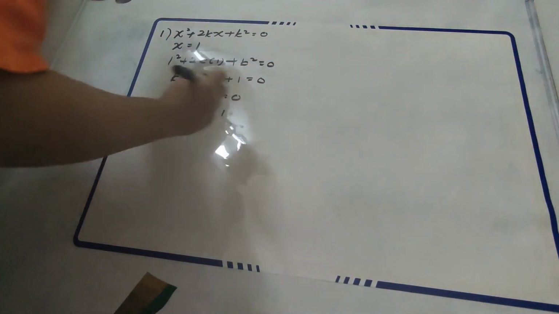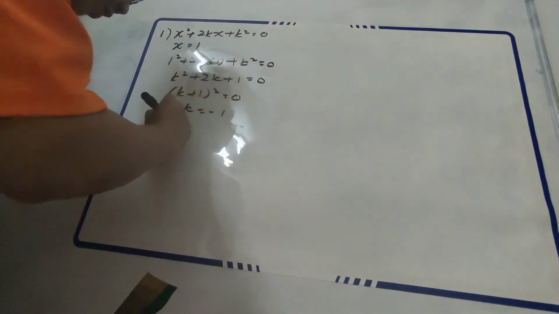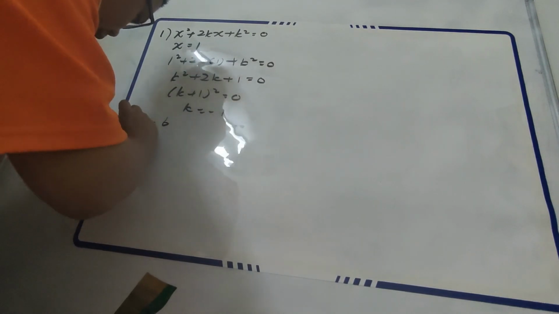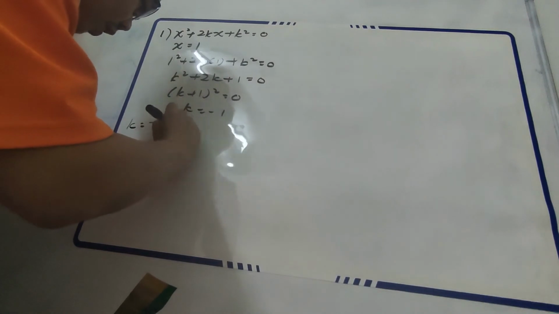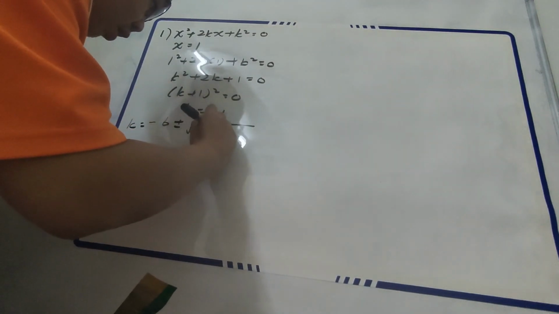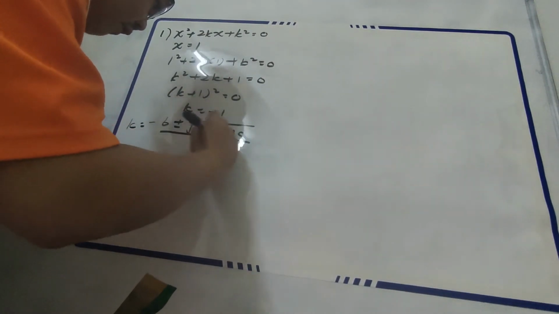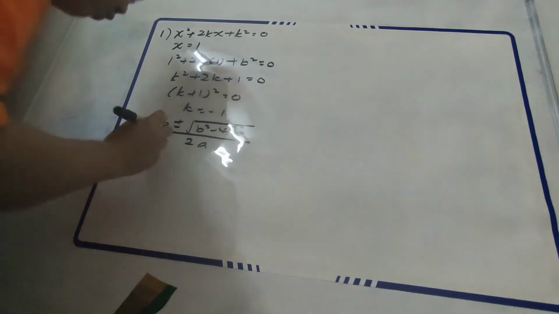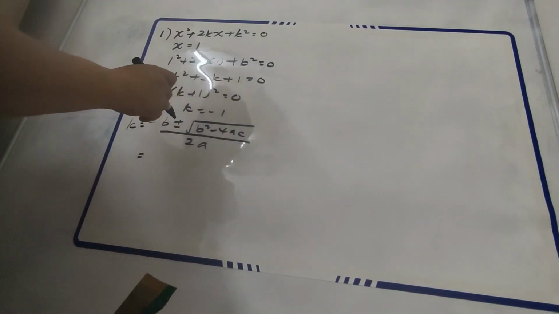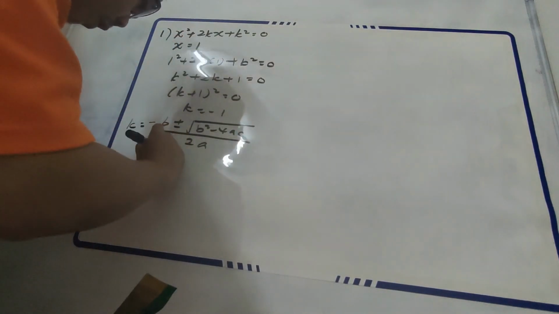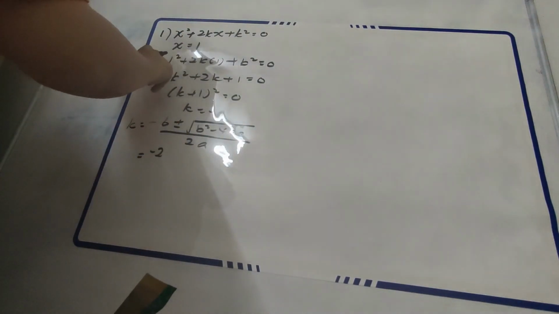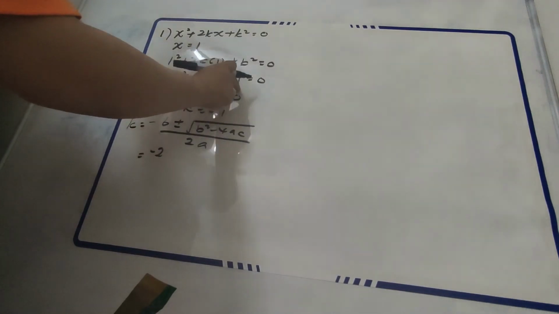Okay, so we use the quadratic formula to examine. k equals minus b plus or minus the square root of b squared minus 4ac, divided by 2a, for ax squared plus bx plus c.